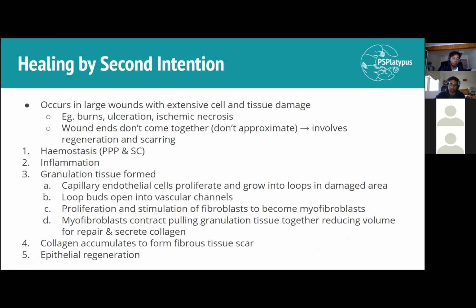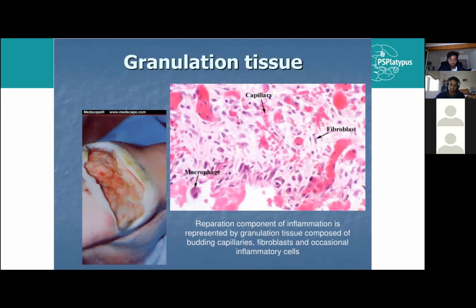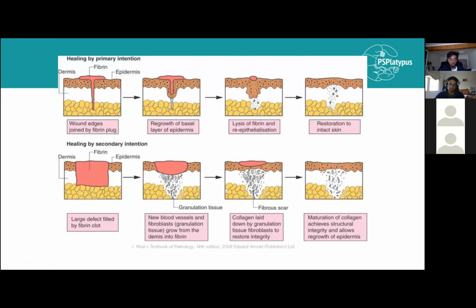Next, we have healing by second intention. So I'm just going to show you a picture. Okay, yeah. On the top, we have primary intention or first intention, so the wound is much thinner. On the second one, we have healing by secondary intention, where the wound is much bigger and flatter and fatter.